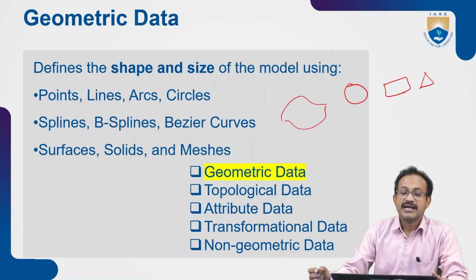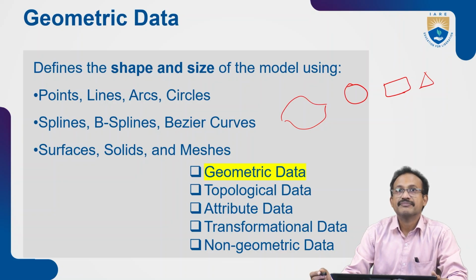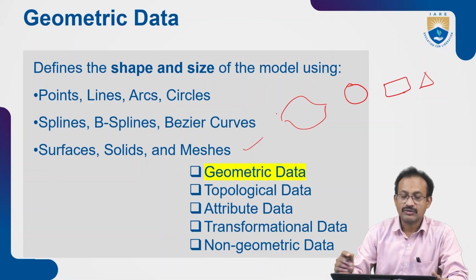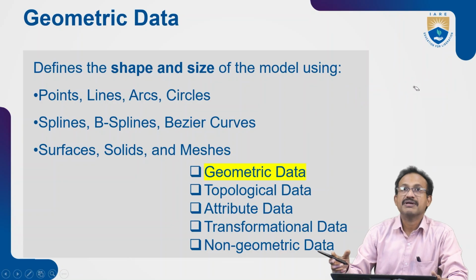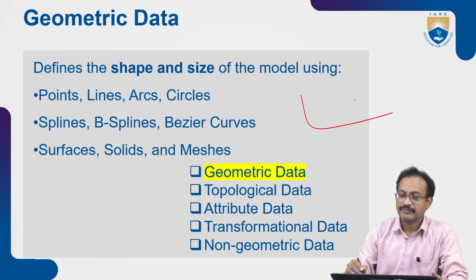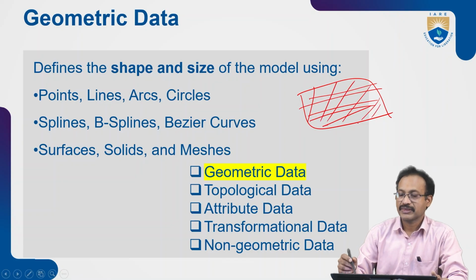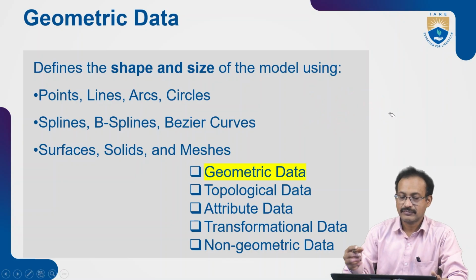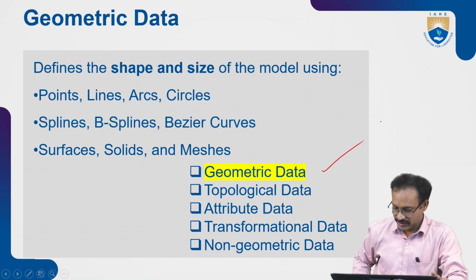And if it is the combination of some solids and meshes, then we have to go with surfaces, solids, and meshes. Meshes means a grid-like structure. That is about the geometric data.